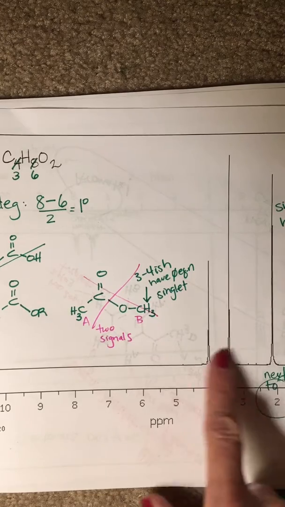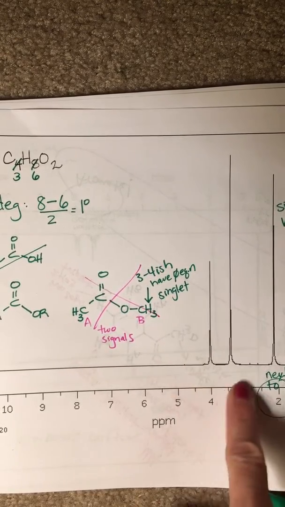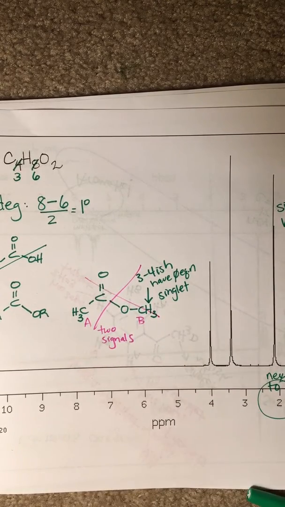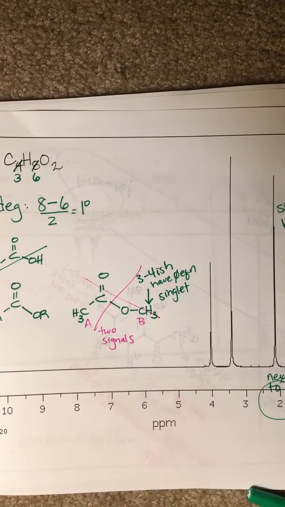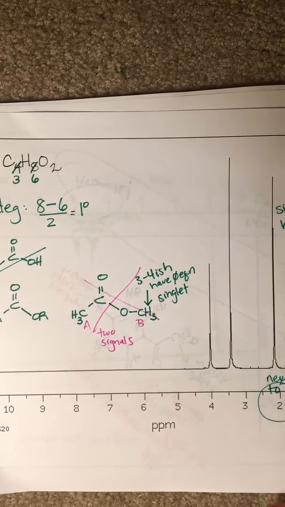So what are all those things in here? We have ethers, the ROR, but we don't have enough carbons. We only have 3 carbons to do that. We also have alcohols. So how can we do that there? We're going to have to break things up.